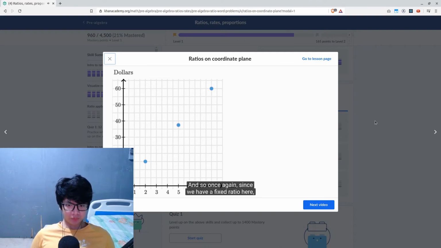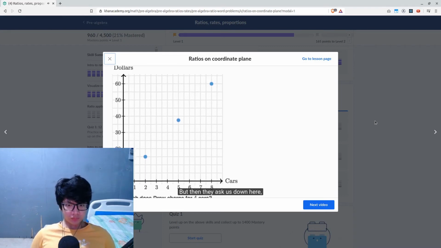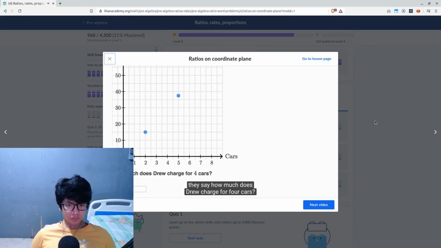And so once again, since we have a fixed ratio here, all 3 of these points sit on the same line. But then they ask us, how much does Drew charge for 4 cars? Well, if it's $15 for 2 cars, then 4 cars would be twice as much. So it would be $30 for 4 cars. We have the same ratio.